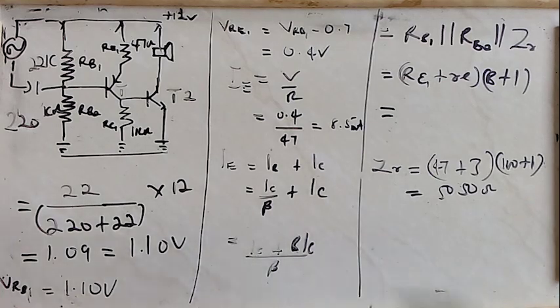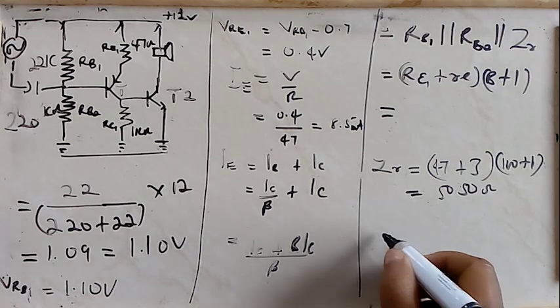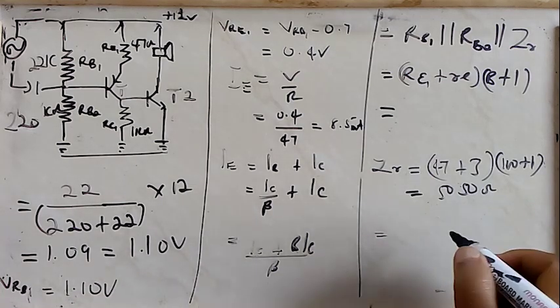So if you put this in our resistors in power, what it means is that we come to our product over sum.